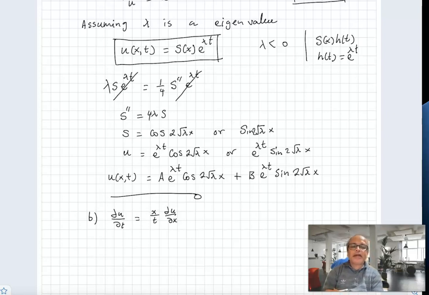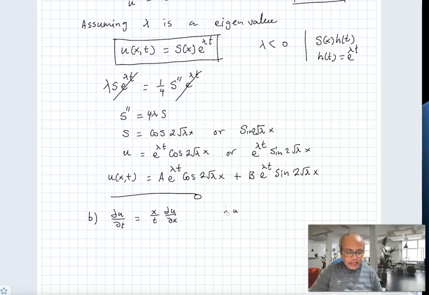This one does not have constant coefficients. But still we can find the solution. Even if you think that the right hand side has an eigenvalue, and the right hand side can be written as something like x over t lambda times u, so still if you want to solve that, it is not just e to the power lambda t, but it is still separable. We can solve this.